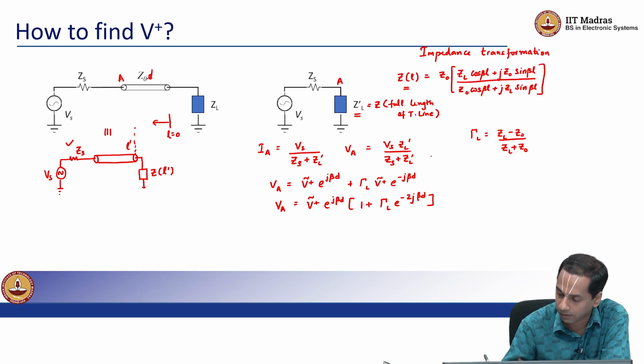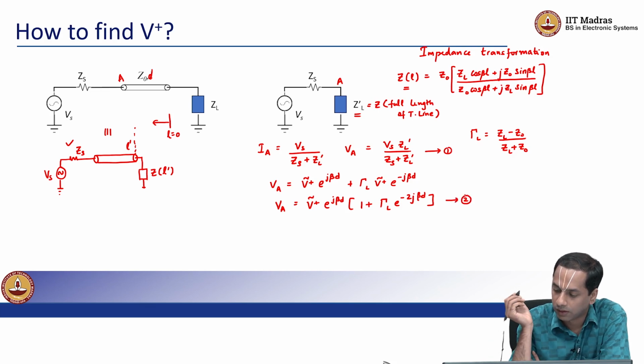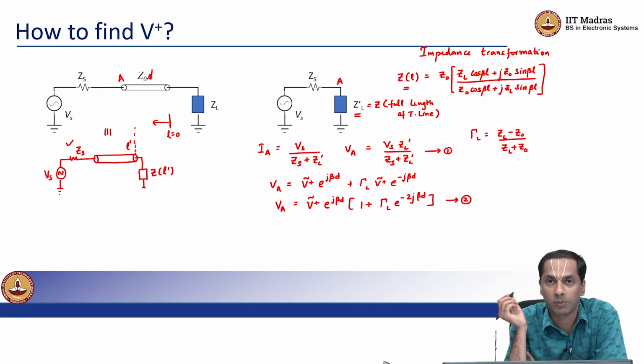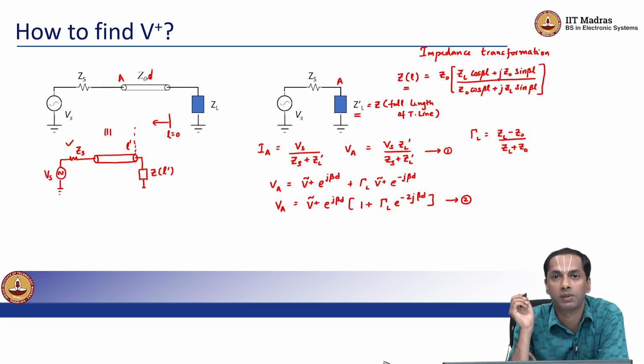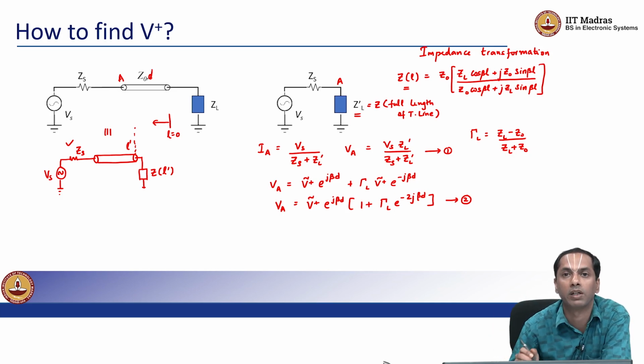So we can equate 1 and 2. Remember, Vs, ZL prime, Zs all are knowns, right. So Va is known. The only unknown here is the V plus phasor, right. All other terms are known. Even gamma L is known, small d is known, beta is known, right. So everything between equations 1 and 2 is known except the V plus phasor. So you can simply combine the two and get the expression for V plus.